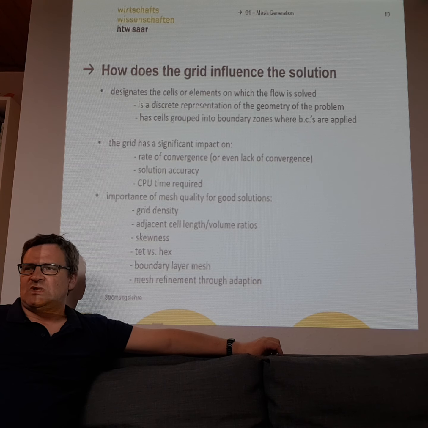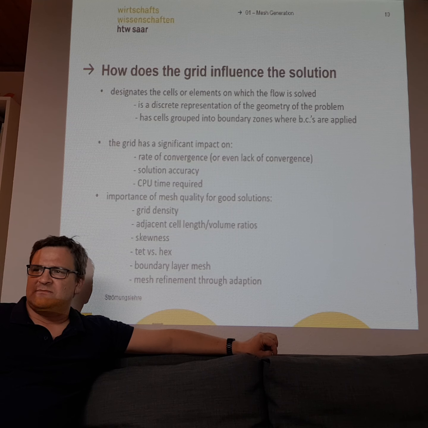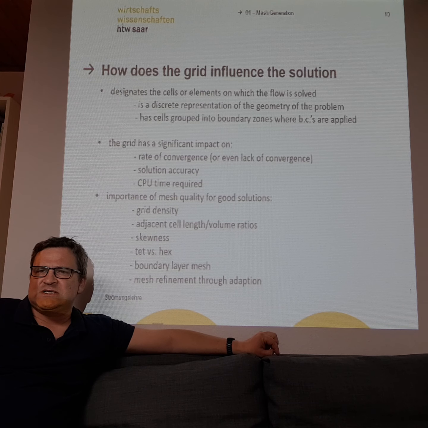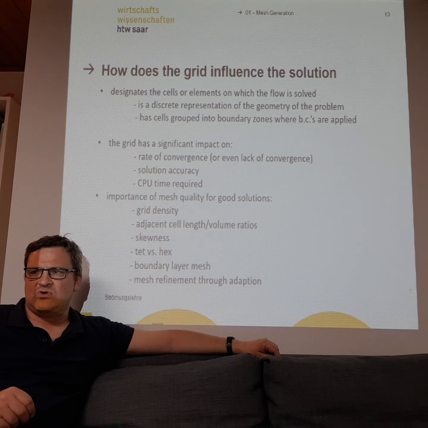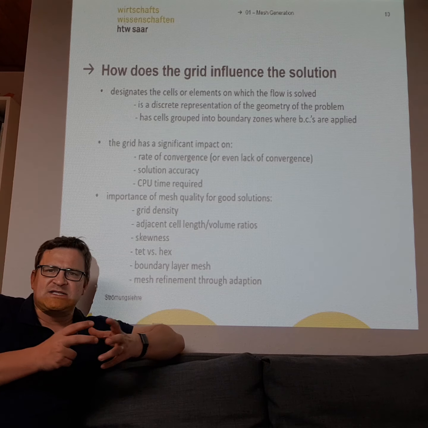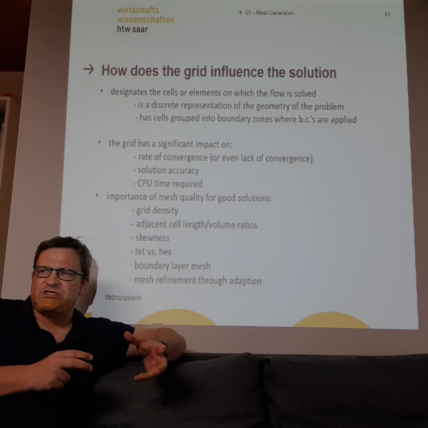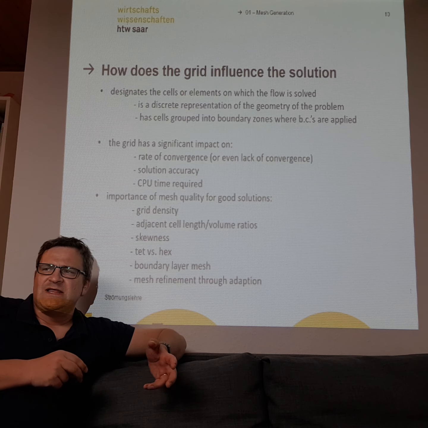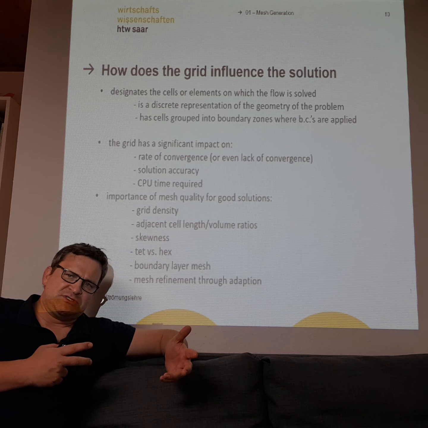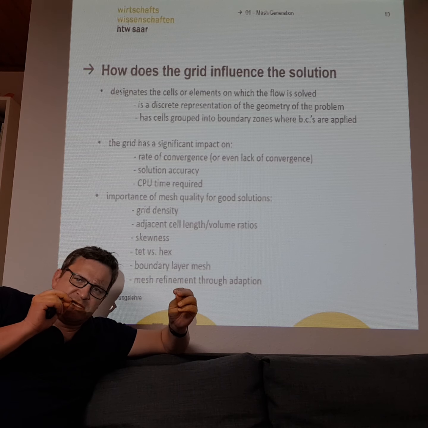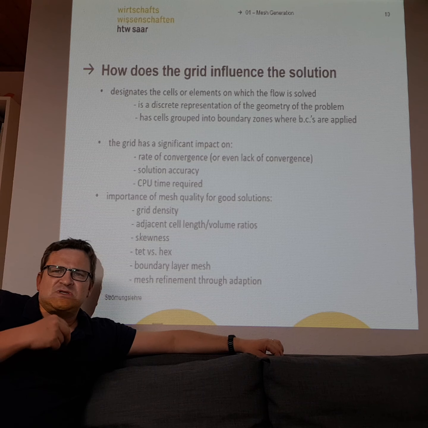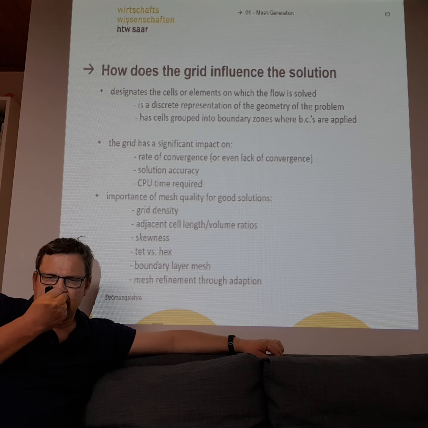And another important point: what are the quality aspects of the mesh? For example, the grid density is important. How many cells do we have in a special region? Or the length to volume ratio is important. If we have really long, really thin cells, this will not be a good numerical solution.